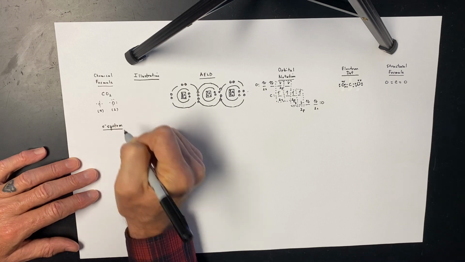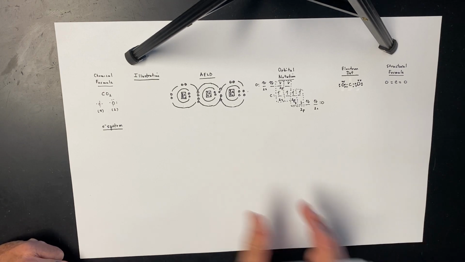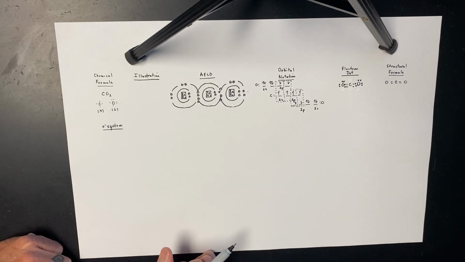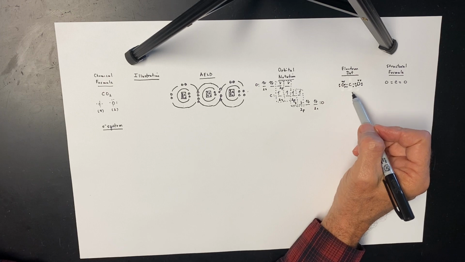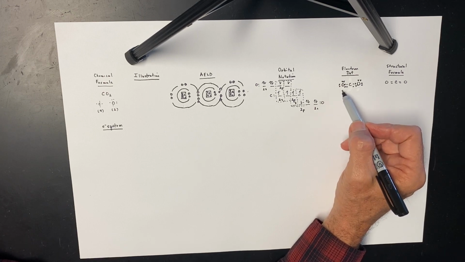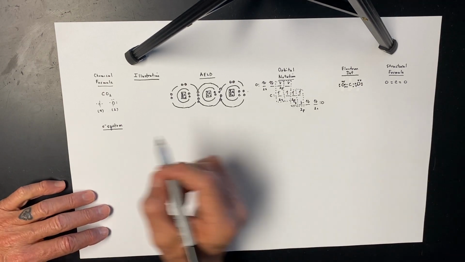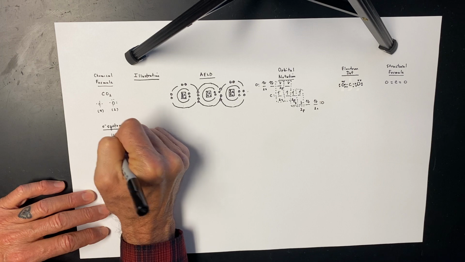So to predict the number of bonds that form, we want to look at how many electrons are in this entire system. I think the easiest way to do that is to use the electron dot. Each oxygen has 6. 6 and 6 is 12, and carbon has 4. So 12 and 4 is 16.